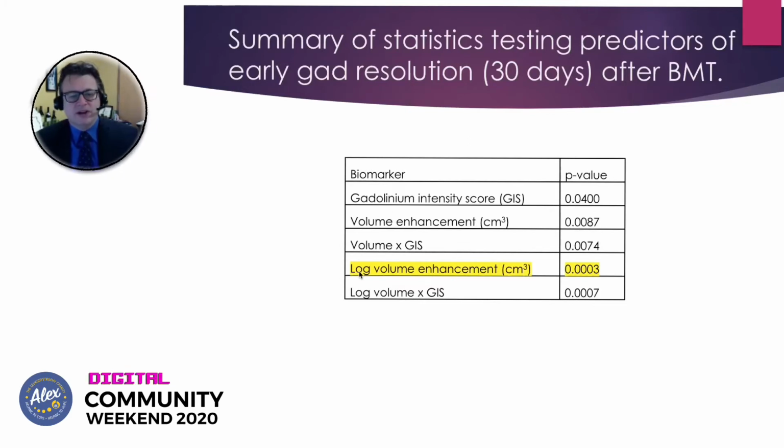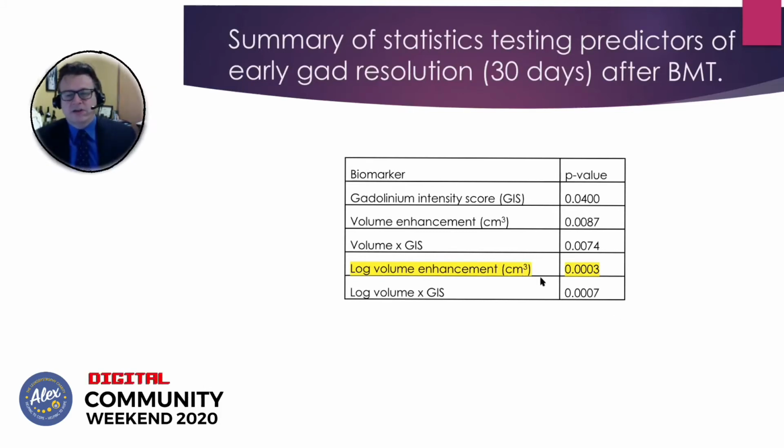And then I told you I did a logarithmic transformation of the volume to make the data look better. And then I also did some calculations where I just took the volume and multiplied it by the score to see if that would make any difference. And I also took the log volume and multiplied the score. And then I just ran statistical analysis to see which of these correlated best with early gadolinium resolution.